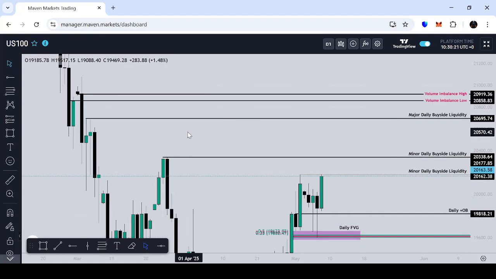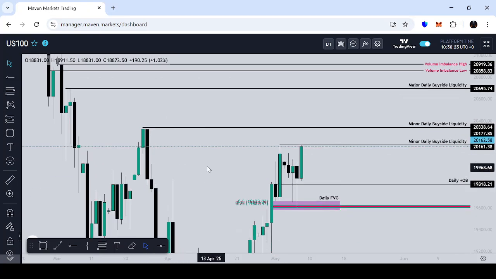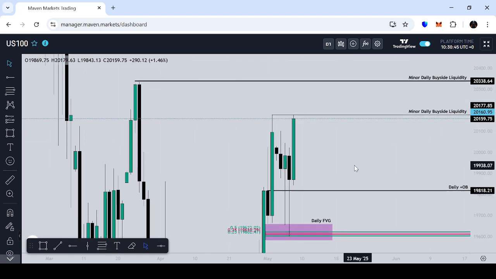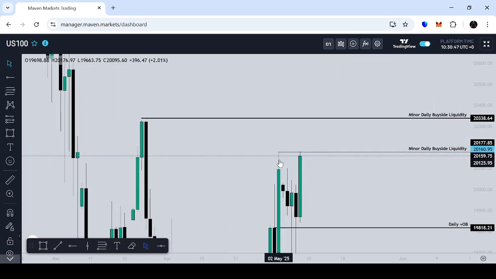Today is already Thursday. But what could we anticipate coming Friday, being tomorrow, for this run up at this high here, this minor daily buy side liquidity. Before then, once we trade above this high with candle body, I want to see it trade above this high with candle body to get the 50% of this candle wick.